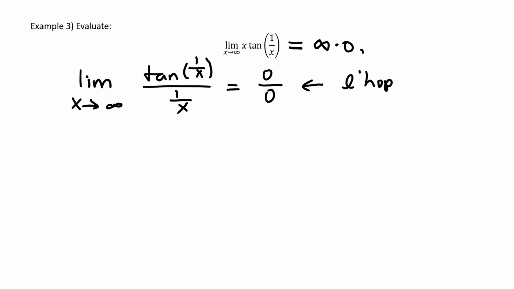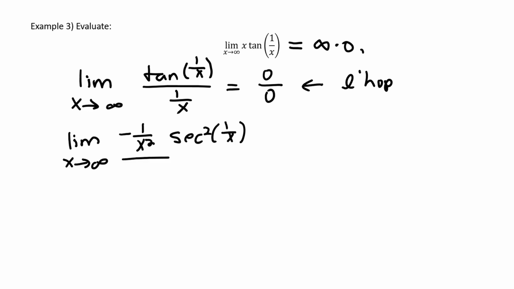That means we're going to take the derivative of the numerator and the derivative of the denominator and then take the limit. So the derivative of tangent is going to be secant squared, then we need to take the derivative of 1 over x, which is minus 1 over x squared. And in the denominator, the derivative of 1 over x is negative 1 over x squared.